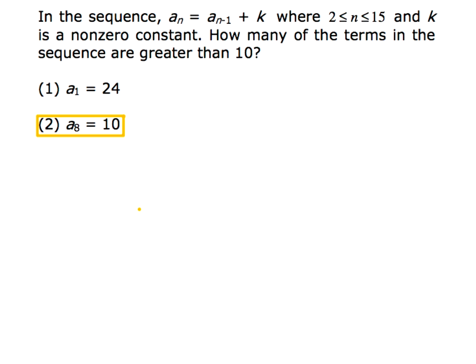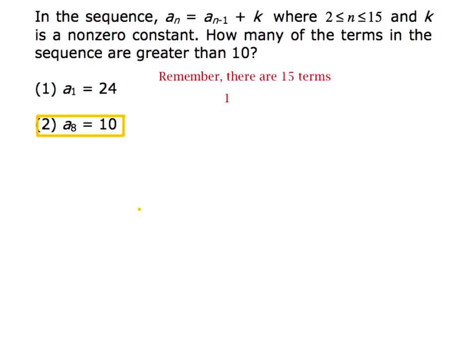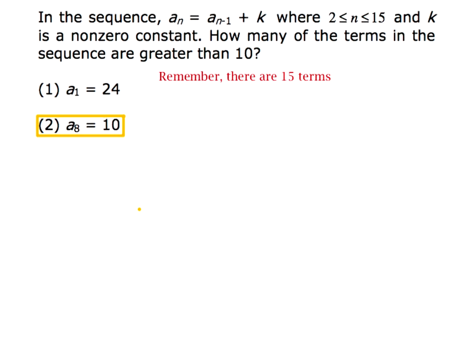What is special about A8? Yeah, it's the term that's in the middle of all of this stuff, right? Remember that there are 15 terms. So A8 is a very special animal because A8 is the one that has 7 terms before it and 7 terms after it.